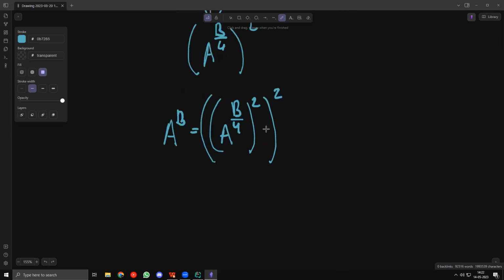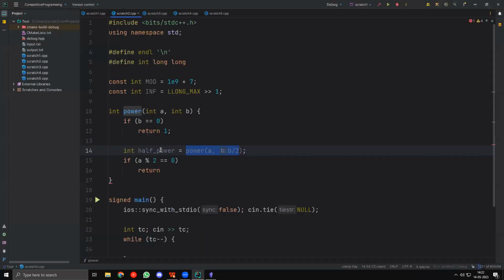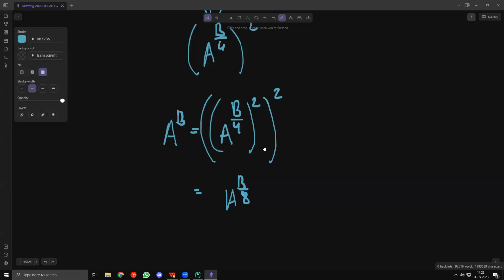But basically, you can see that this just goes in deeper and deeper, right? So the next step would be a to the power of b by 8 whole squared, and squared. I'll just write it on top like this. So squared, and then it will be by 16 squared again, and so on. Basically, I'm just taking a to the power of b by 4. I'm taking half power, and I'm taking the power of that value, right?